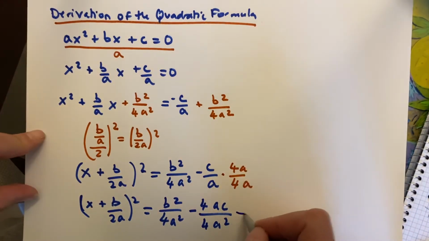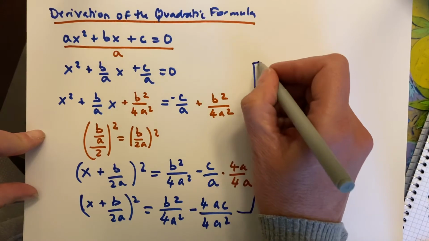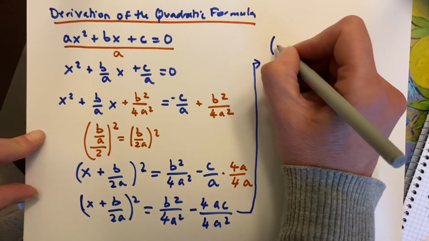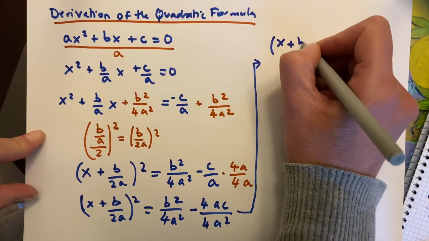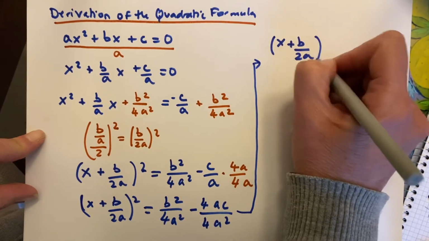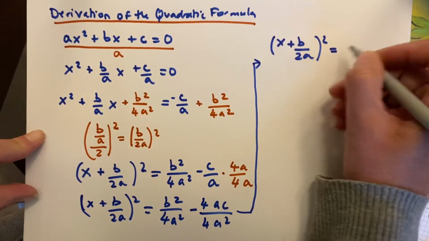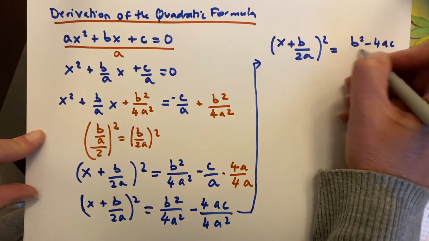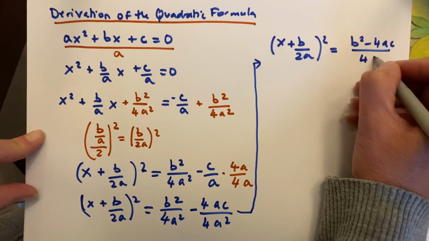I'm going to continue up here. x plus b over 2a, squared, equals, I now have b squared minus 4ac over 4a squared.